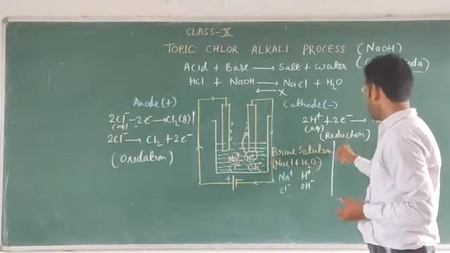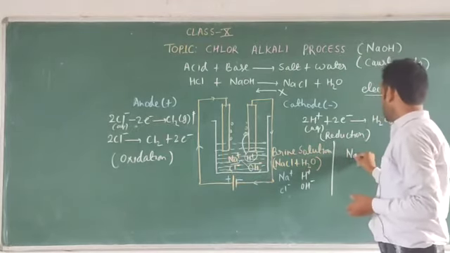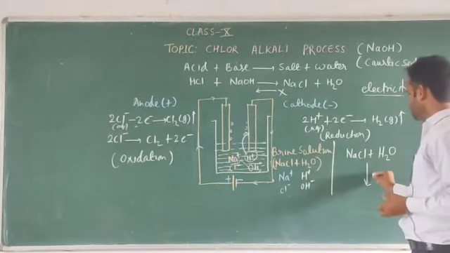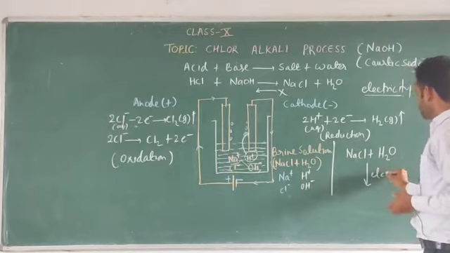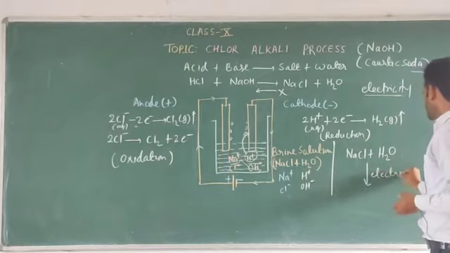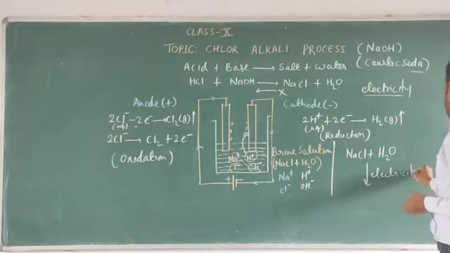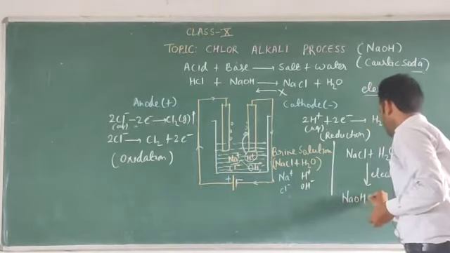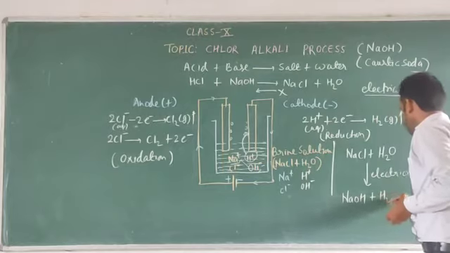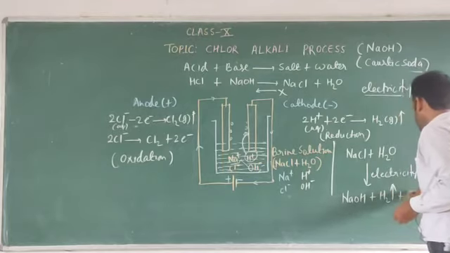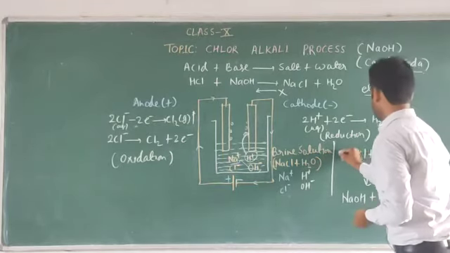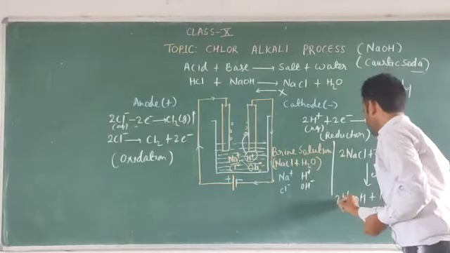The overall reaction is like this: sodium chloride plus H2O, and we give electricity, then we get sodium hydroxide, the caustic soda, hydrogen gas and chlorine gas. We can balance this reaction by adding these coefficients.